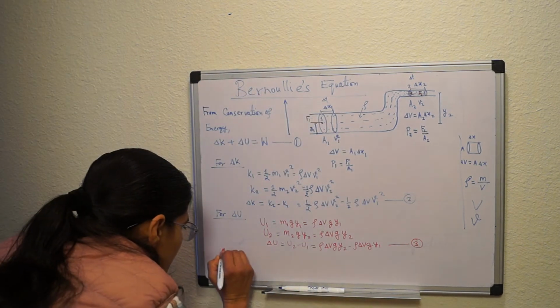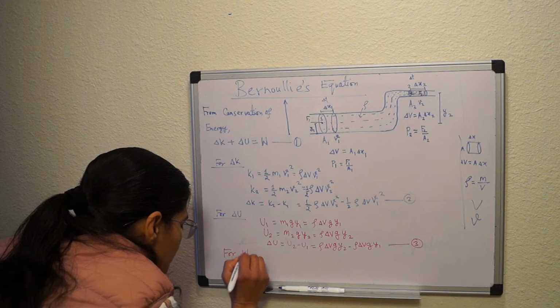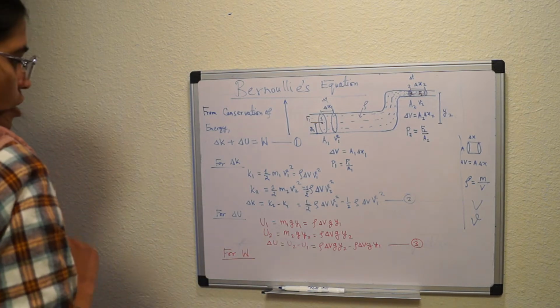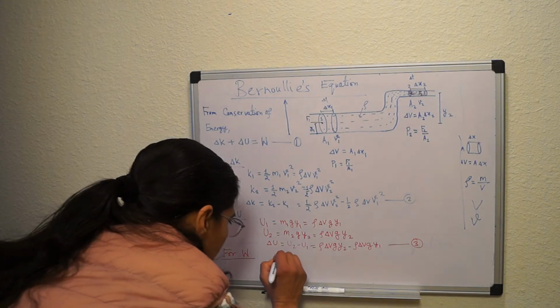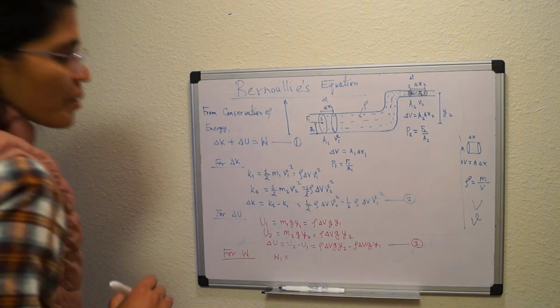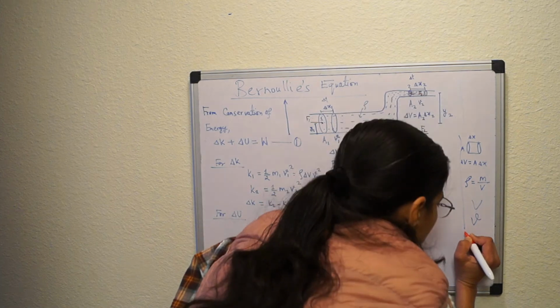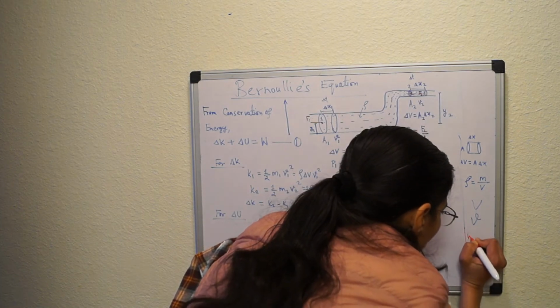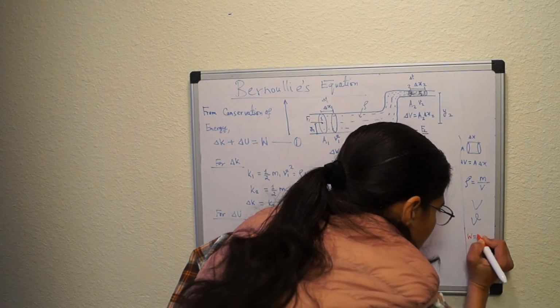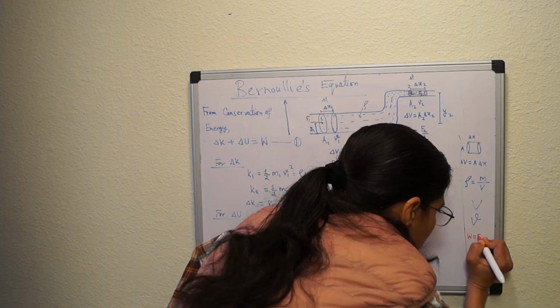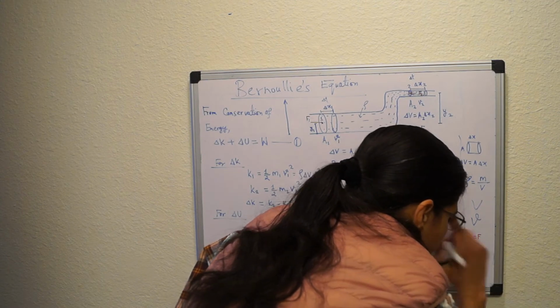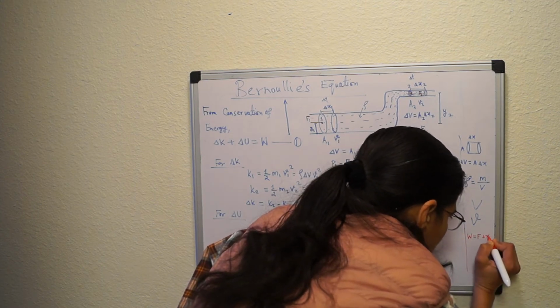For work done W, what is our work done W1? Do you guys remember anything about how to find work done? So work done is basically given as what? Force times the displacement, right? So delta x, right?